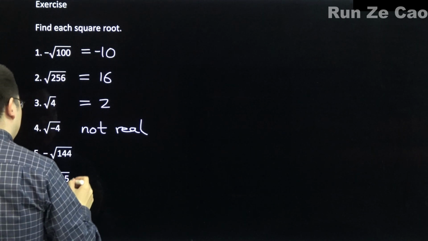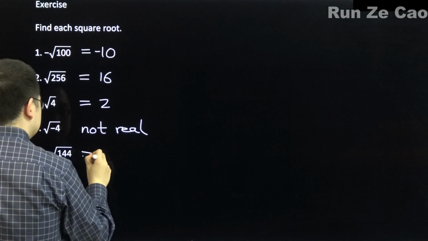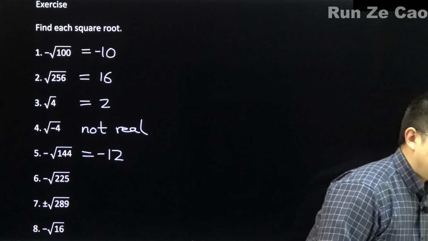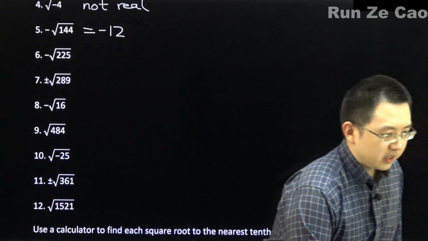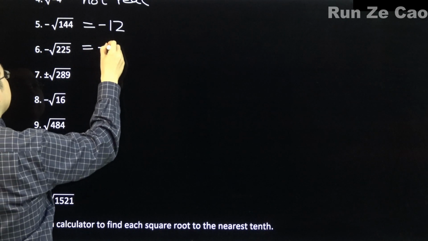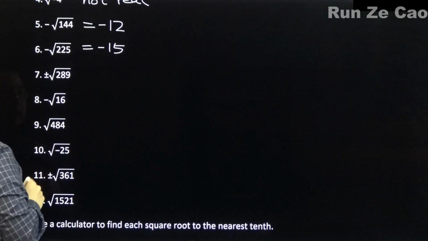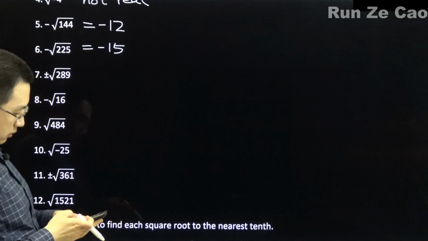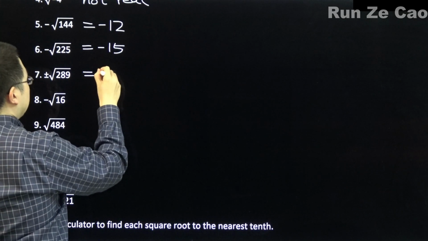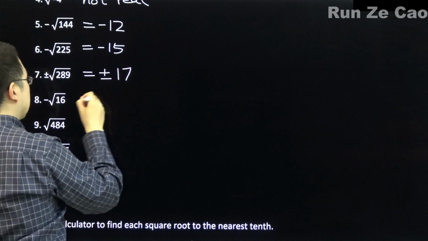Negative square root of 144. Negative 12. Negative square root of 225. Well, 225 is 15 by 15, so that's negative 15. 289, that's 17 by 17, I do believe. Yes. And so that's plus minus 17.